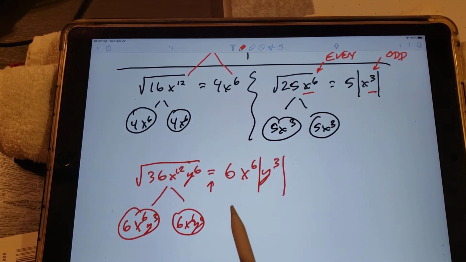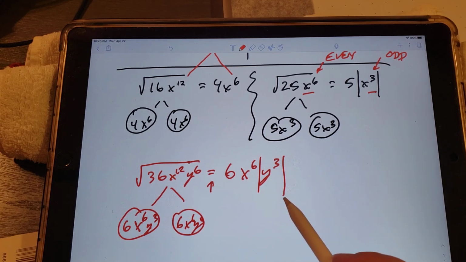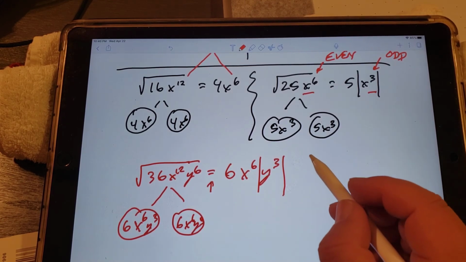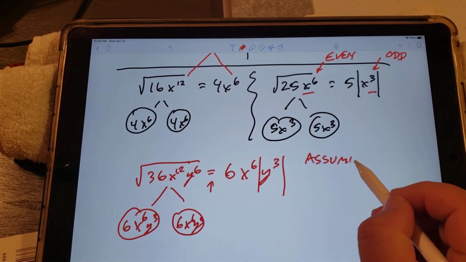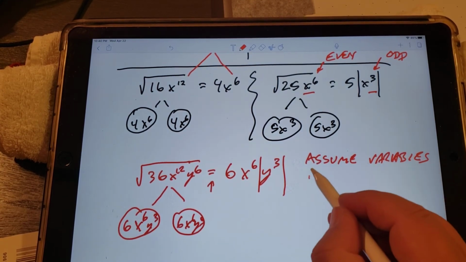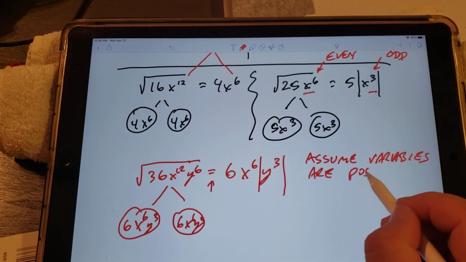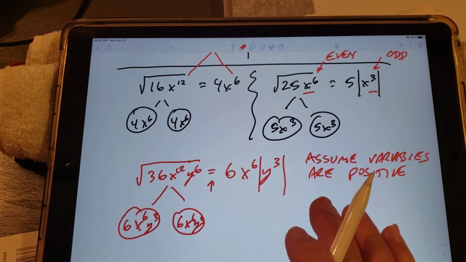Now, to further complicate matters, the website, well, all homework and assignments at this level, sometimes give you an out. Sometimes they essentially say, we don't want absolute values. So if the problem says, assume all variables are positive, that's their way of saying, you know what, don't sweat this absolute value stuff.